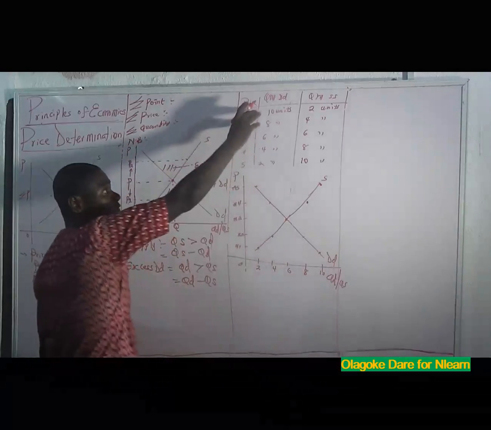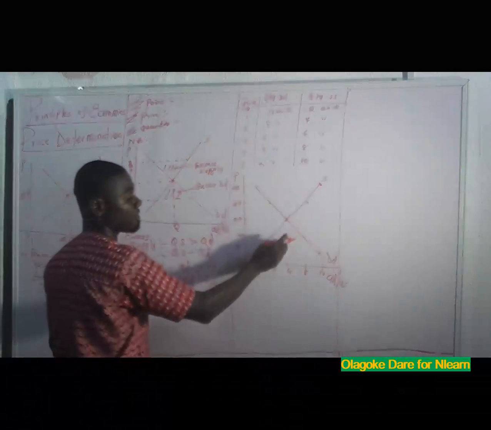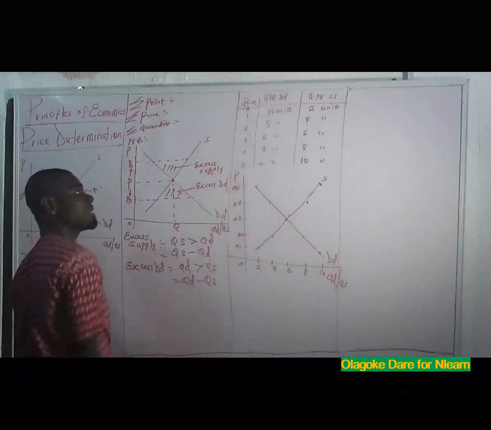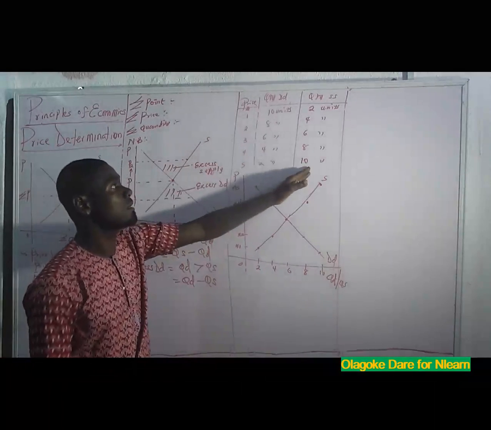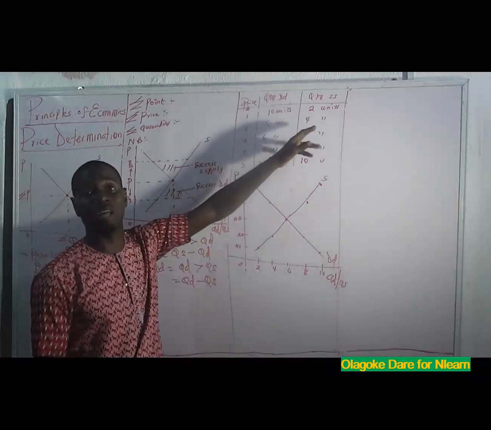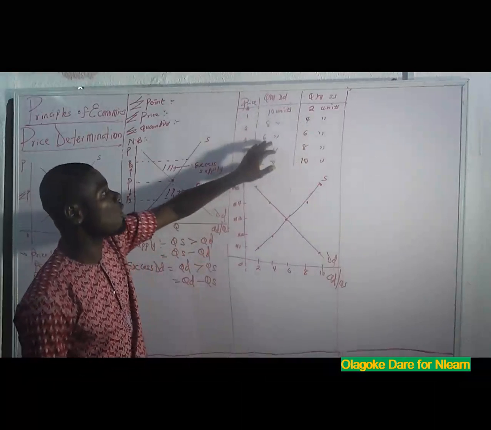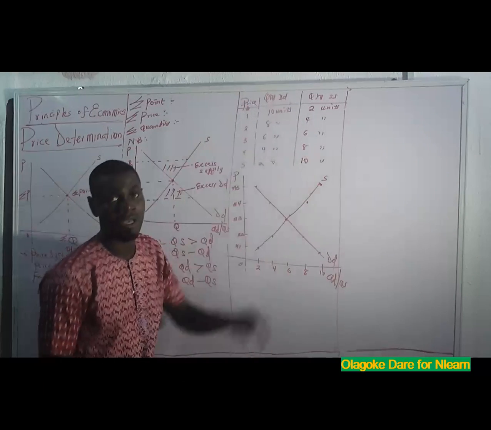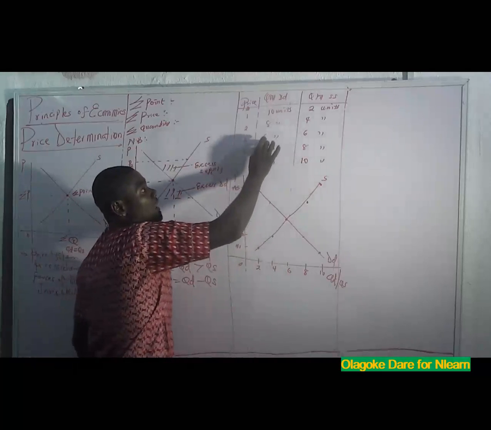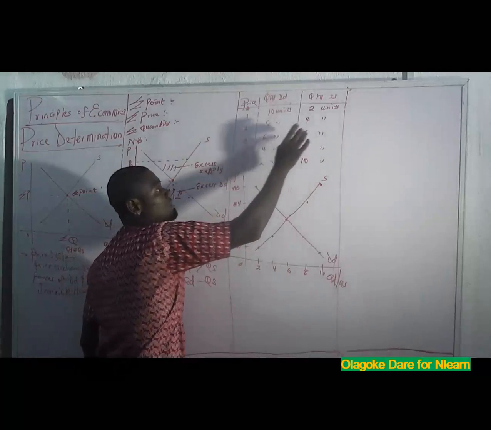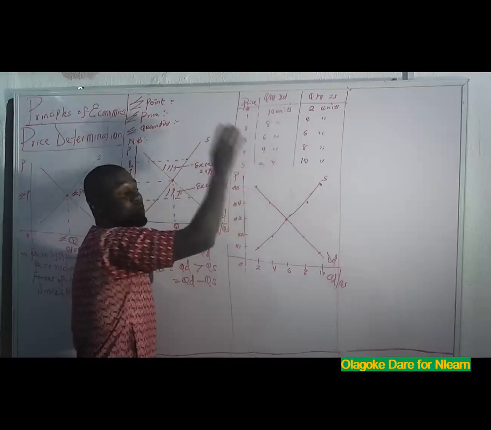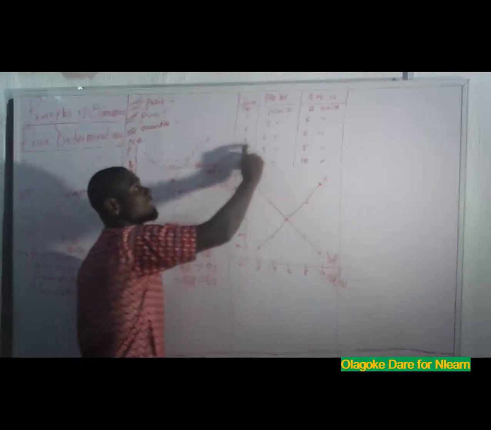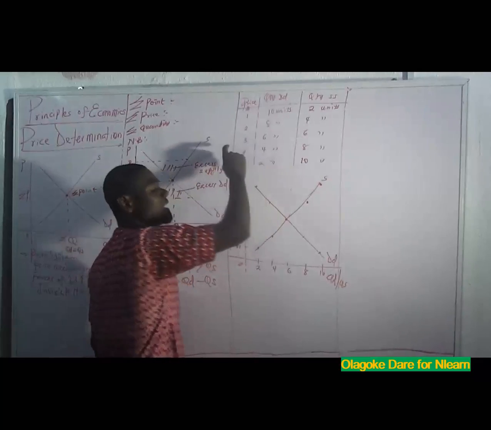From the table I can tell my equilibrium quantity, because any quantity where quantity demanded and quantity supplied are the same is my equilibrium quantity. So my equilibrium quantity is 6 units. From the table I can also get my equilibrium price, because the price at which quantity demanded and quantity supplied are the same is my equilibrium price.